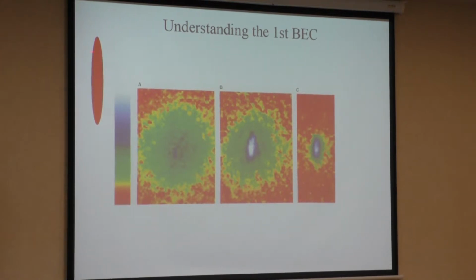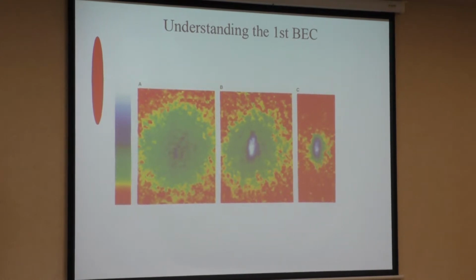The trap was instantaneously turned off, and then the gas started expanding from the trap. And it was photographed after a few milliseconds of expansion. And those are the photographs from the paper, photographs A, B, C.